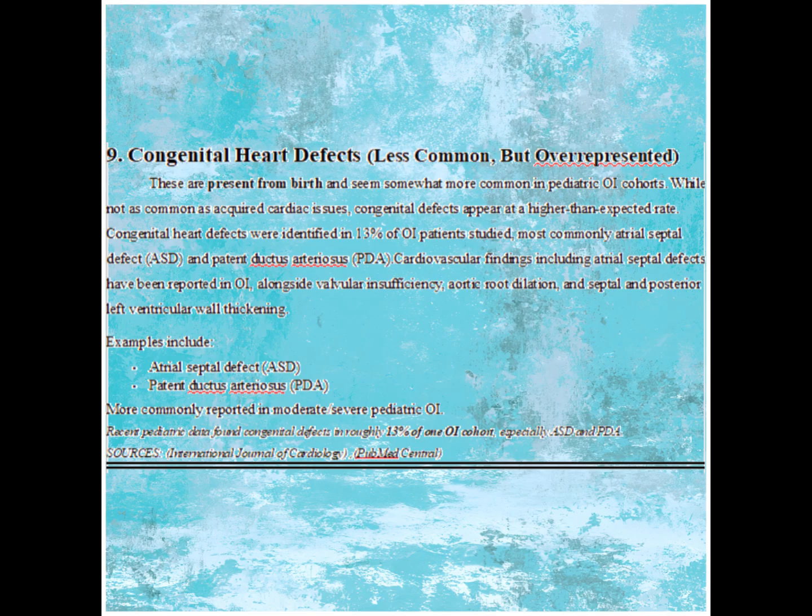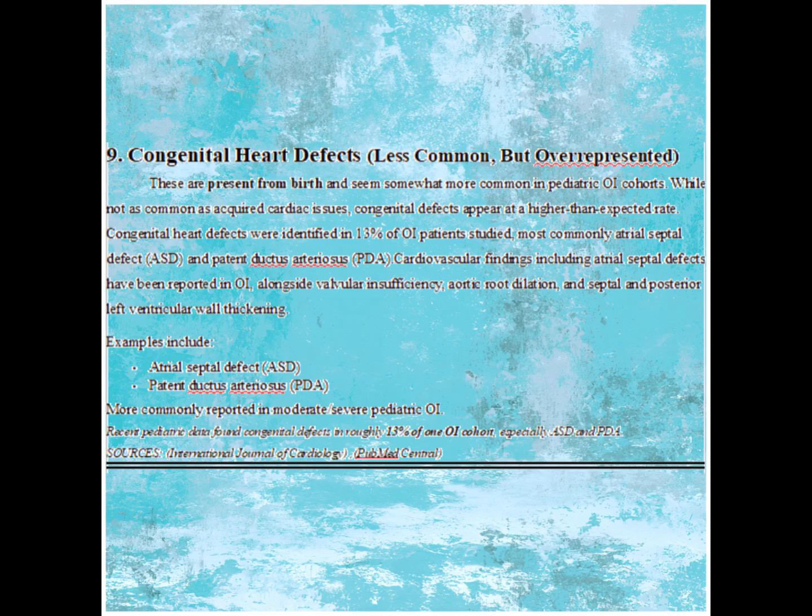Most commonly are the arterial septal defect, with the PDA. Cardiovascular findings, including arterial septal defects, have been reported in OI, along with valvular insufficiency and aortic root dilation, both of which we talked about earlier. Some examples to watch out for are the ASD, that's the arterial septal defect, and the PDA, the patent ductus arteriosus.